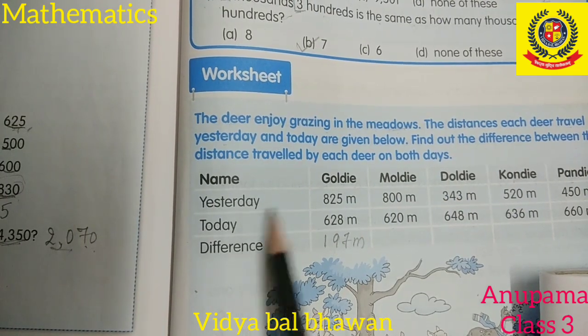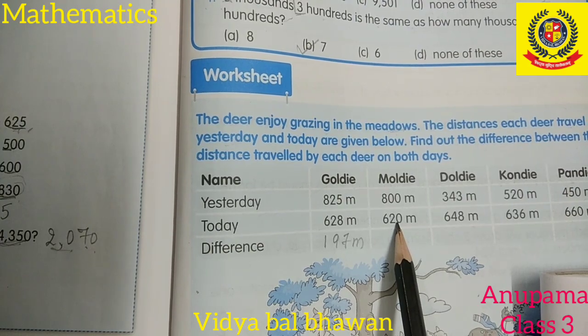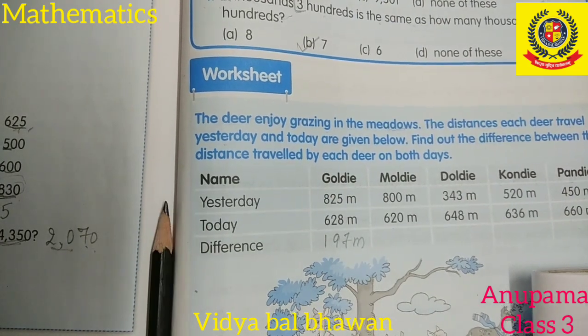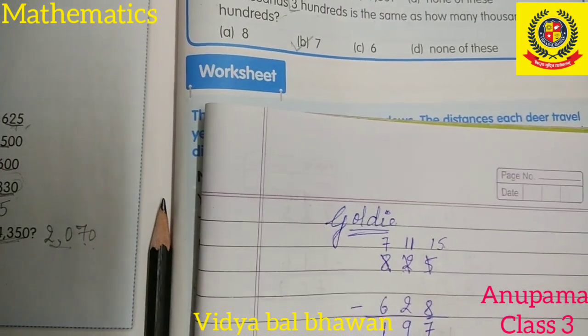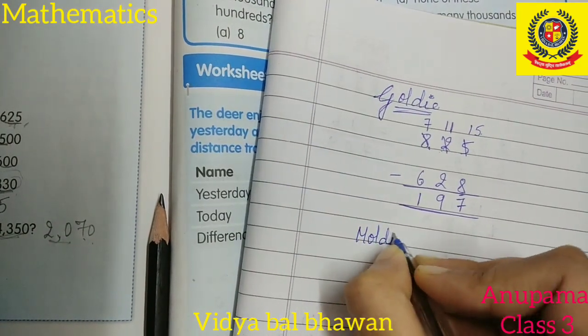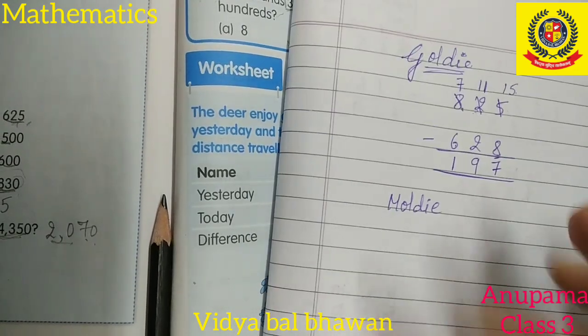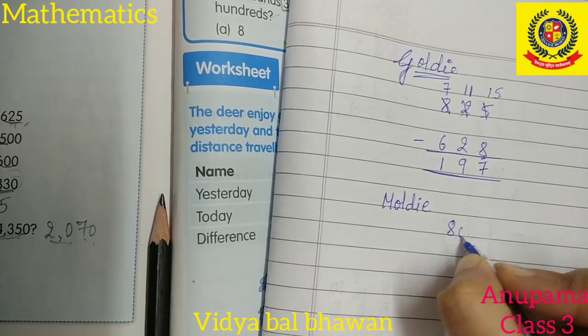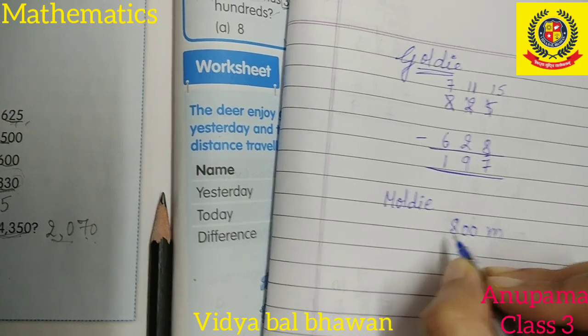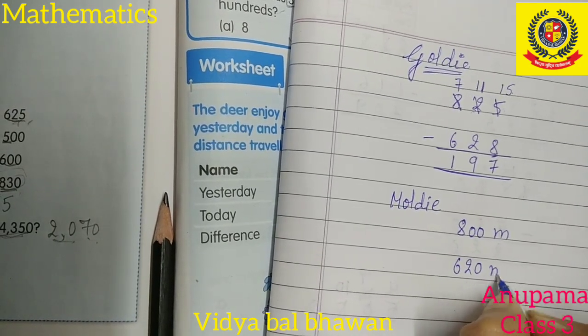Okay. Now we will calculate the difference of Maldi. Okay. Yesterday Maldi covered 800 meters and today 620 meters.